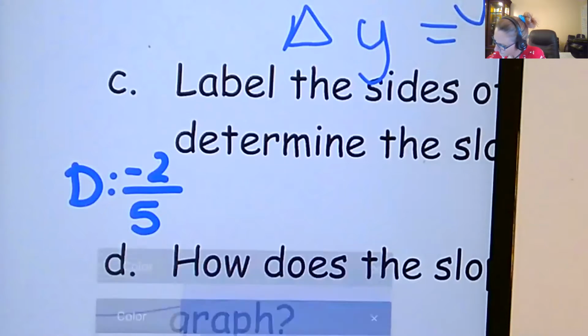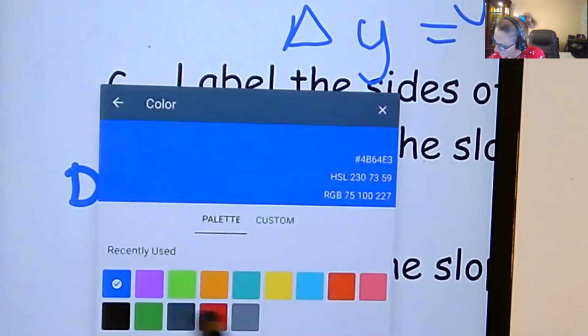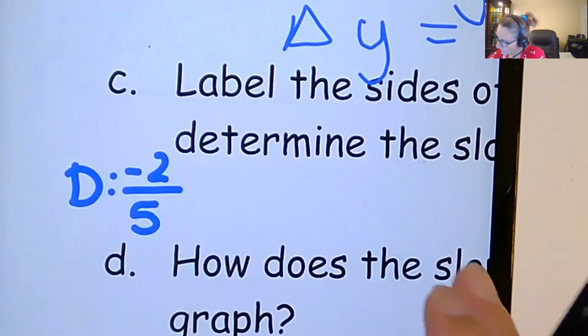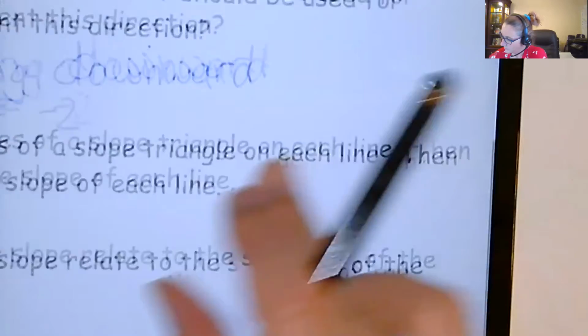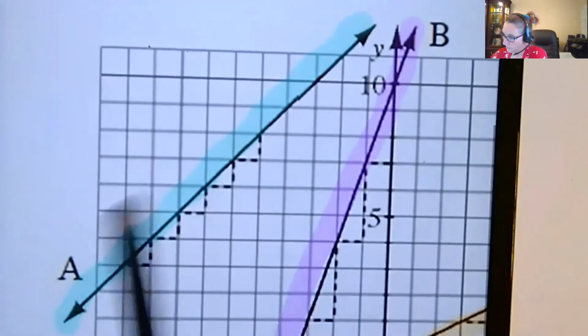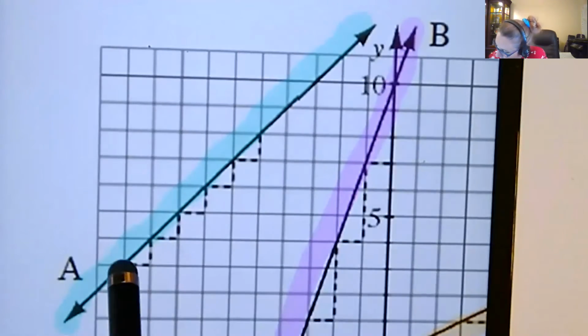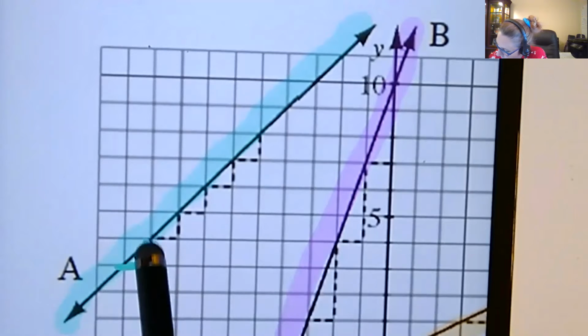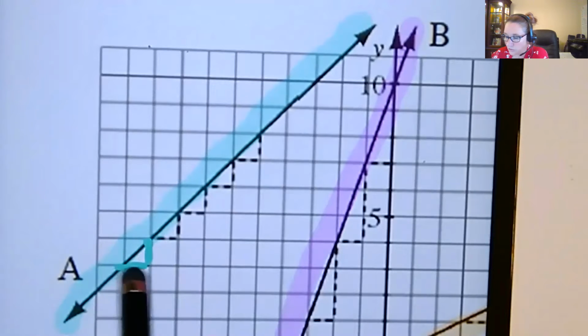Okay. So now let's look at another one of these. Let's look at A here. So here we've got these little triangles. So we've got this direction, this direction. This is your change of x, and it is equal to 1.